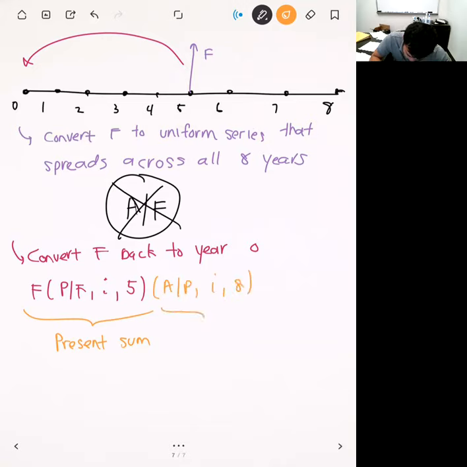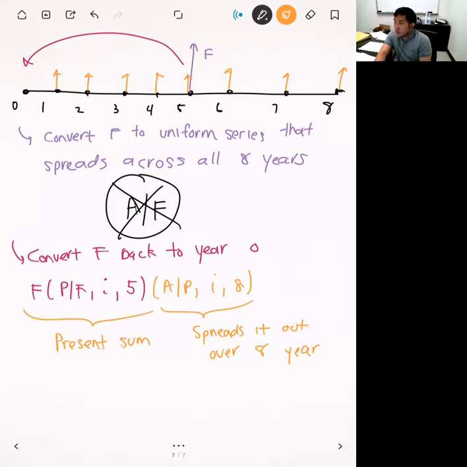So what this does is spread it out over the 8 years, okay? All right, and so after we move this F back to year 0, then we apply an A over P. And so now we have all these little baby arrows, okay?